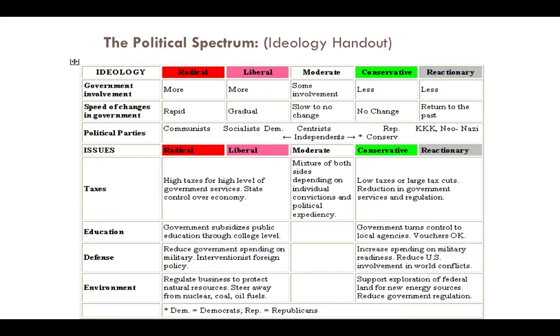We see that with different laws in society, that liberals are more into the government creating more laws for more change. Conservatives, however, don't want a lot of change. They want to keep the same.